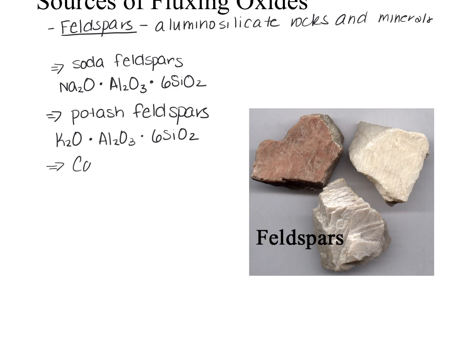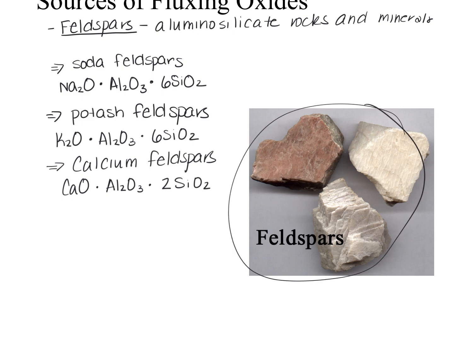Then we can have calcium feldspars. And that's calcium oxide as the base, still with alumina, which is Al2O3, and then 2 SiO2. Okay, so the feldspars, which are shown right here, are those sources of our fluxing oxides.